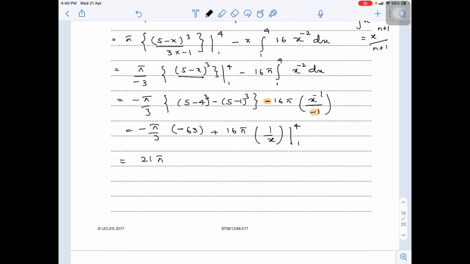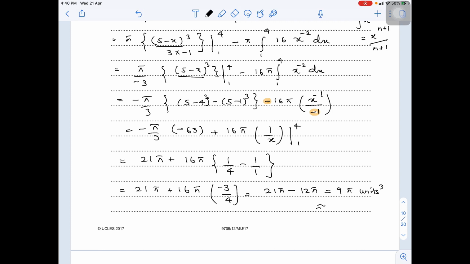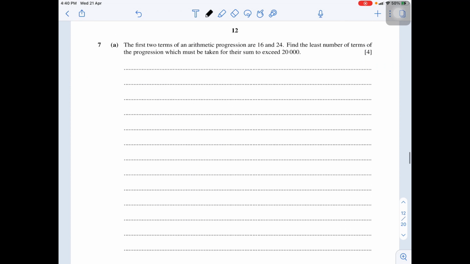So that's 63 divided by 3, and negative is positive, 21 pi plus 16 pi times (a quarter minus 1 over 1). So that's 21 pi plus 16 pi times negative 3 quarters. So it's 21 pi minus 12 pi, 9 pi units cubed, or you can write it as approximately 28.3 units cubed to 3 significant figures.